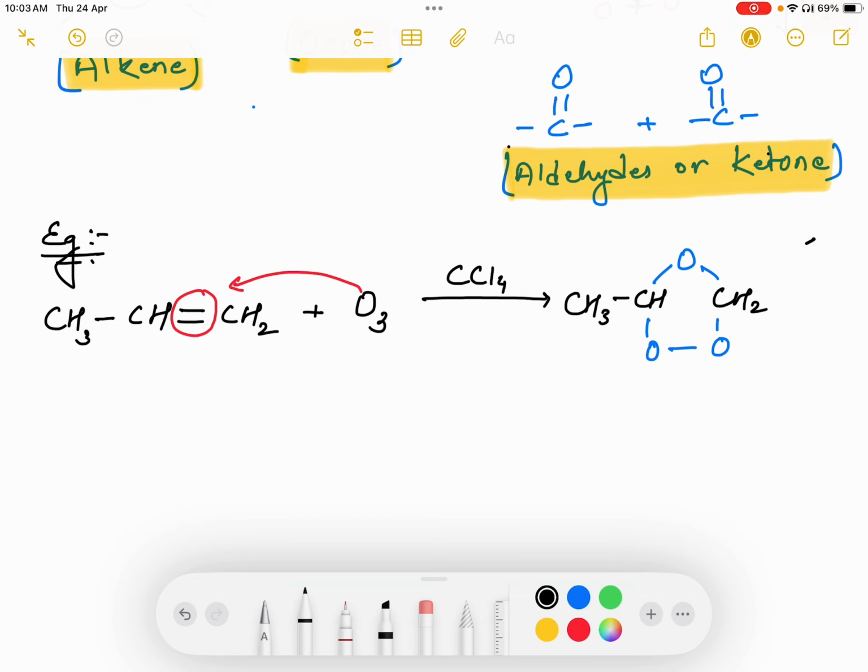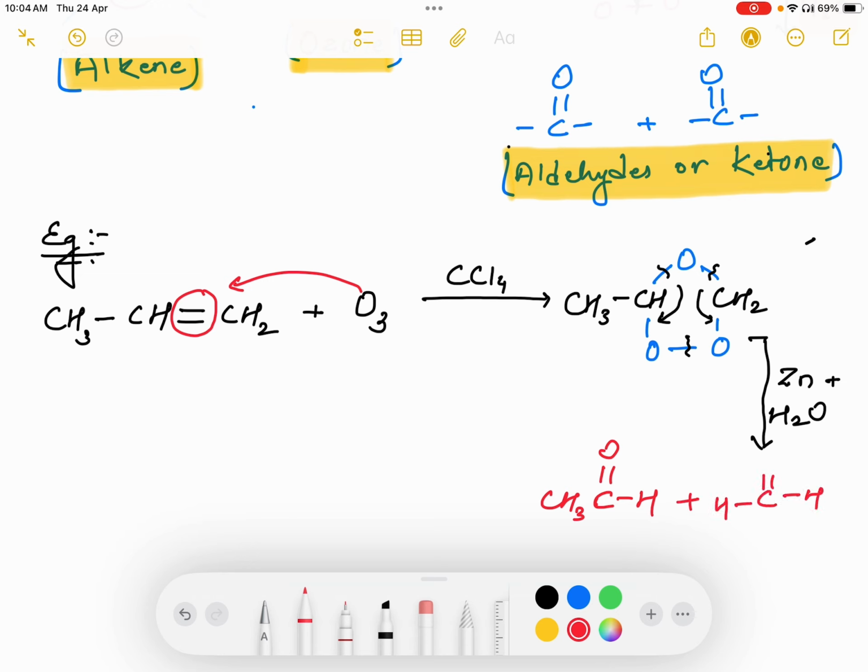Again, we are going to treat this with zinc dust and water. The bond will break right from this point and this point. It will shift here, it will shift here, and it's going to form something like this: CH3, C double bond O, H, and next we have CH2, meaning C will have two hydrogens and a double bond to oxygen.